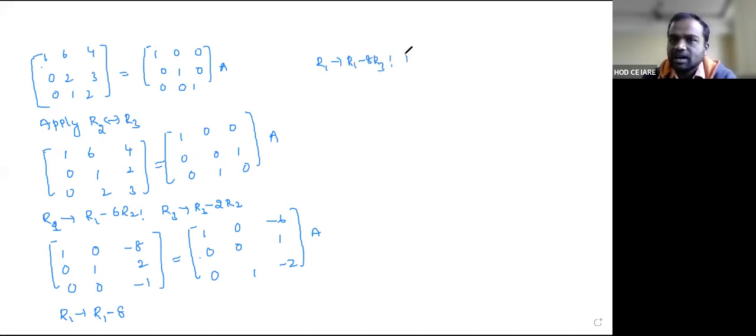Next, R2 implies R2 plus 2 R3. Okay, so you can get the value.